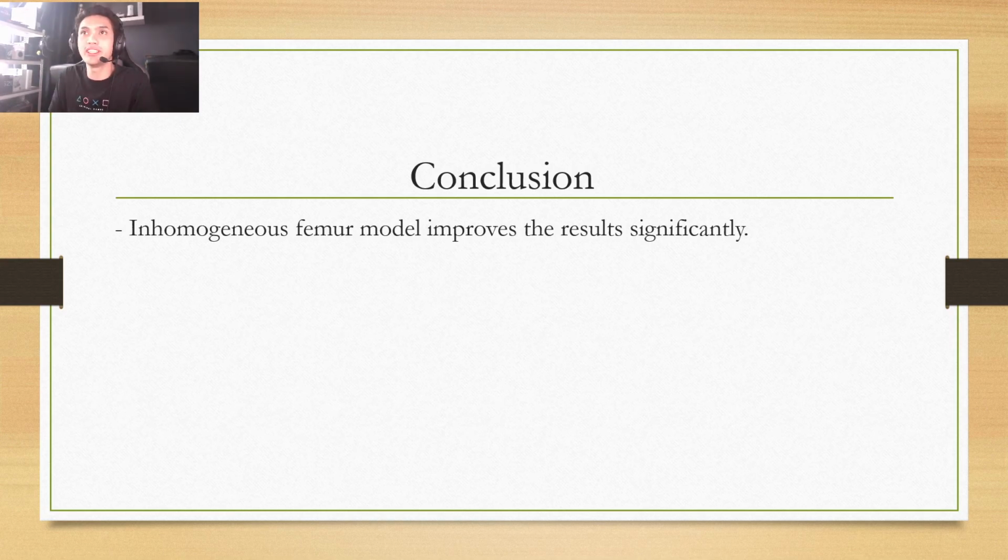Inhomogeneous is more important than homogeneous, because homogeneous uses only an average value, so it is not accurate according to the studies and the other articles. So in conclusion, inhomogeneous is important.